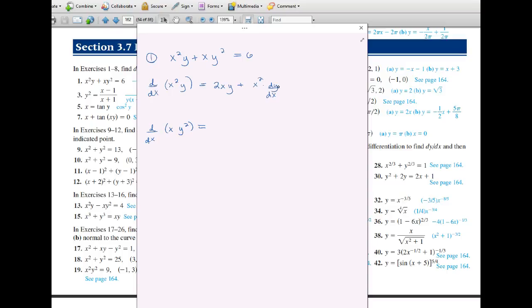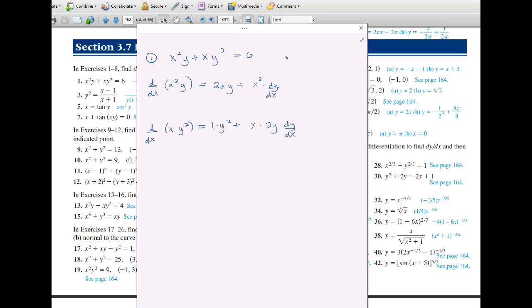Now, let's do the next part. Derivative of x is 1. Keep y squared the way it is. And then now we keep x. Derivative of y squared is 2y dy dx.